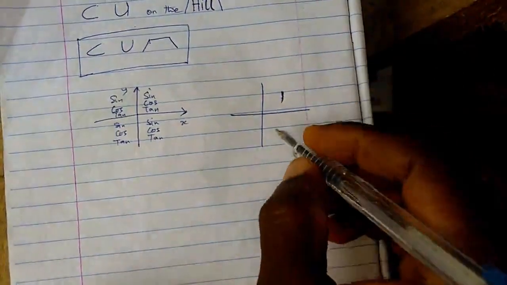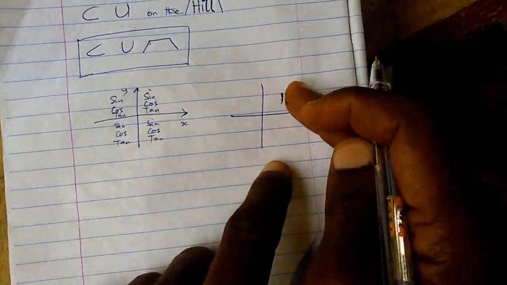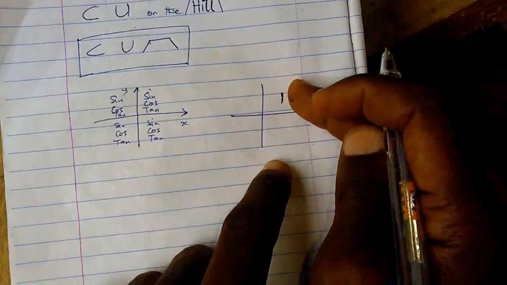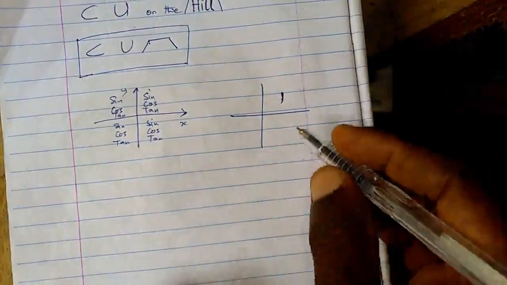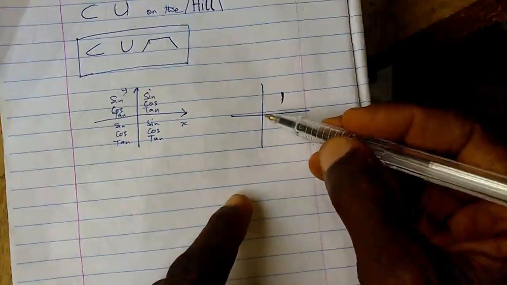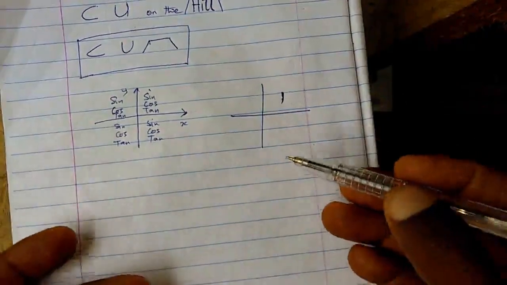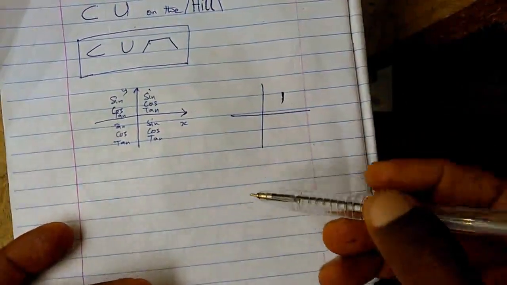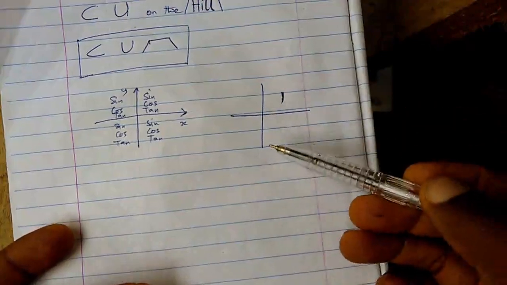Now, if I'm given an angle in another quadrant, I will relate it with the angle in my own quadrant, the quadrant where I'm used to. This is the first quadrant, and this is what we are used to. Say sine 40, sine 30, sine 90.